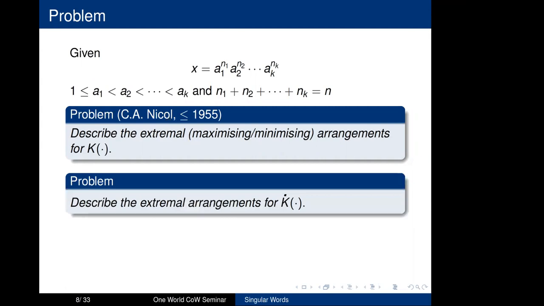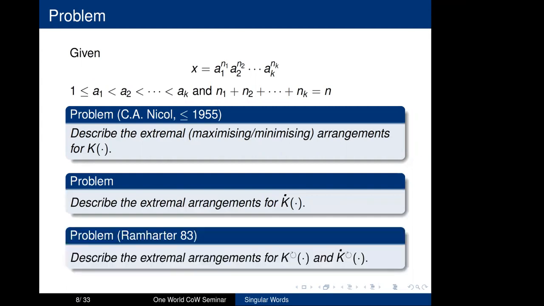So you can consider the same problem with regards to the semi-regular continuant K dot. And in 1983, Ramharter posed the same question for the cyclic continuants, okay? So in the linear case, I mean linear words, not cyclic words, there are two continuants, and in each case you want the max and the min.